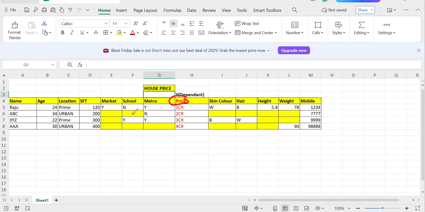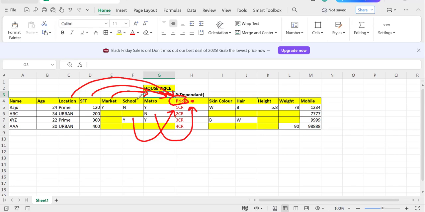When the house price increases, does location matter? Square feet, it matters, right? Is the house near the market? It also matters. School near the house also matters. Metro near the house also matters. So all these factors are affecting the price.